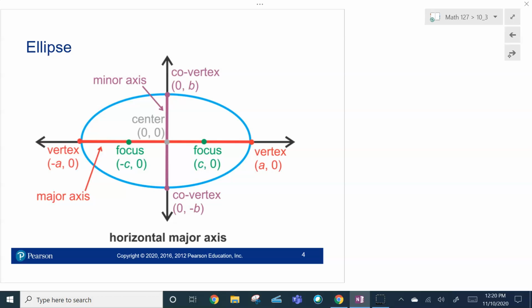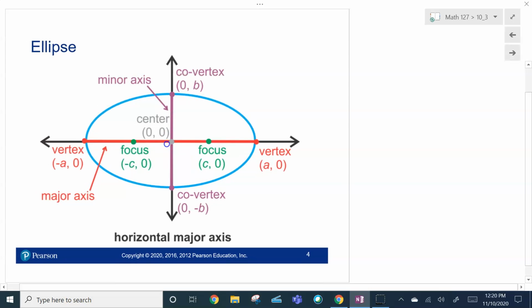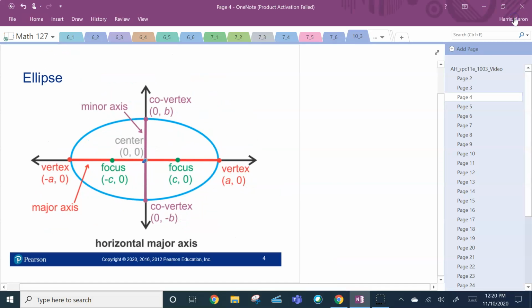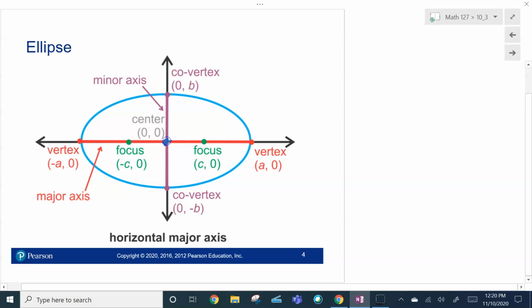If your major axis is horizontal, we're going to put the center right there at the middle, right on the origin initially. So here's our center right there. Our vertices: if it's elongated horizontally, the major axis is on the x-axis. This distance right here is a, from the center to the vertex.